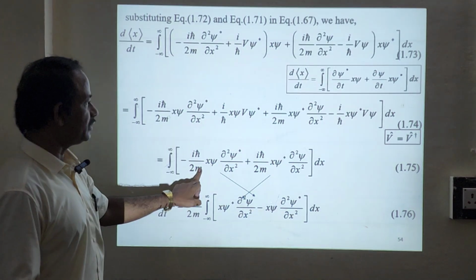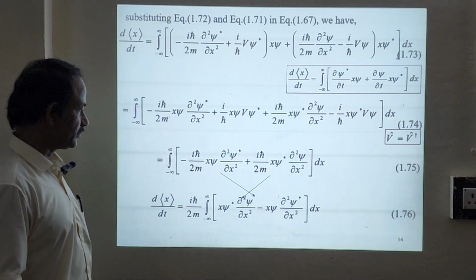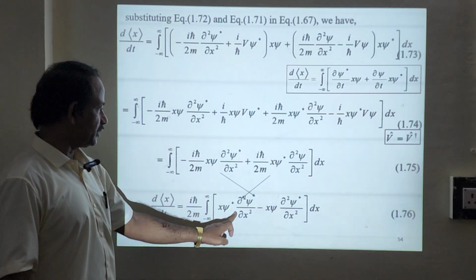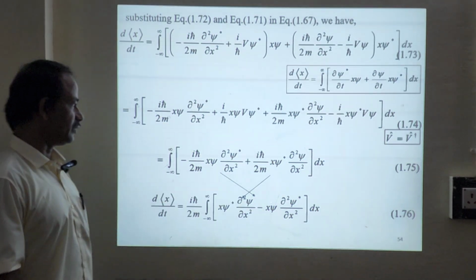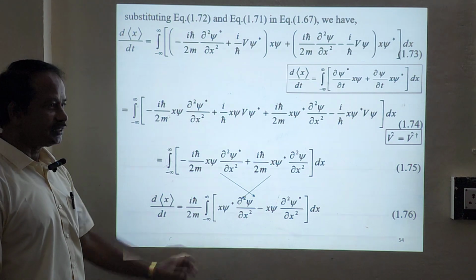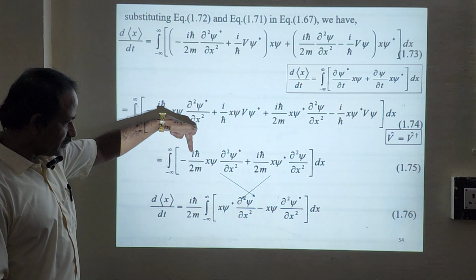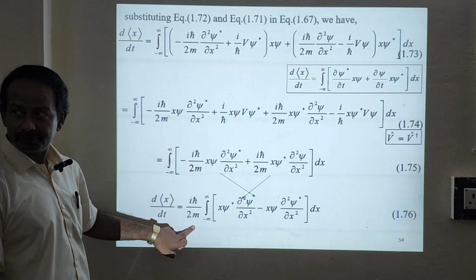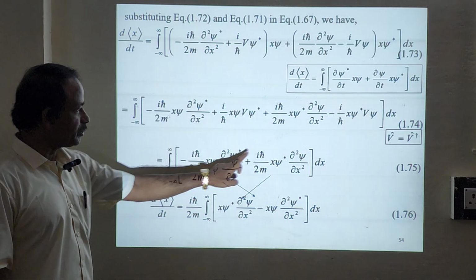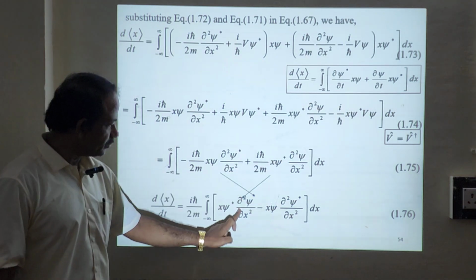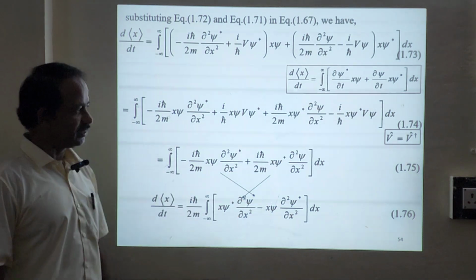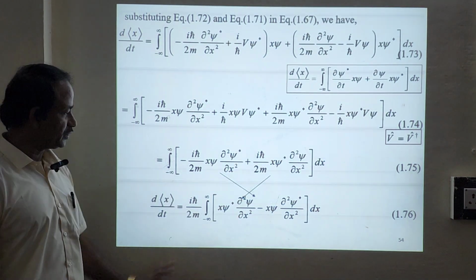So this term is here and this term is here, and I have written this term on this side and this term on this side for the time being. I have taken i h cross by 2m out, I have written this term here, then minus this term. Very simple one, 1.76. Is it okay?